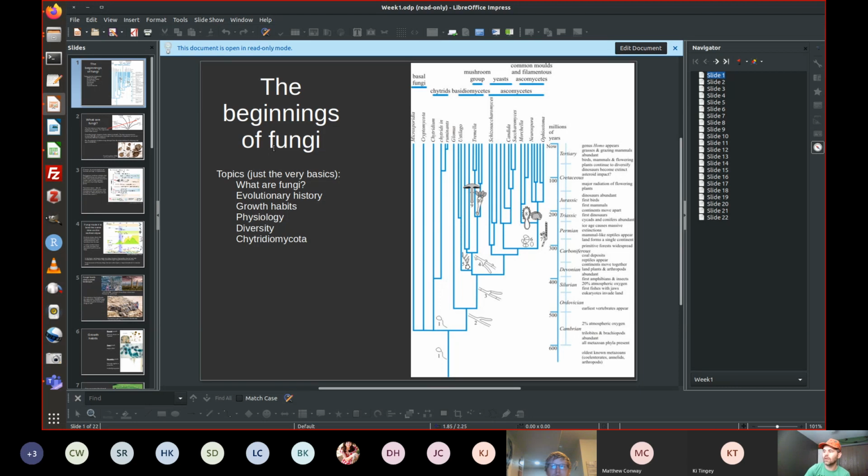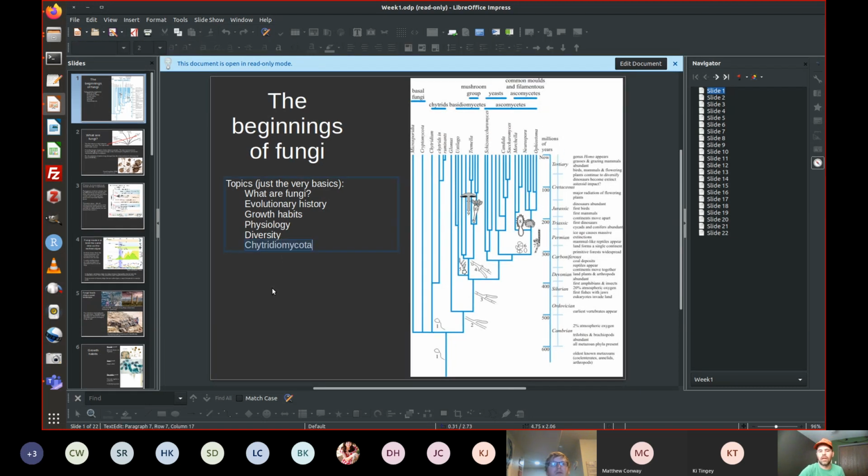So we're going to look at their evolutionary history, the types of growth habits that we find in the kingdom fungi, some physiology, a little bit about their diversity, and then really finish up with the chytrids. You may see these called Chytridiomycota or the Chytridiomycetes, or the slang for it is just chytrid. So be familiar with that. That's one of our main 5 groups of fungi that we're going to be covering here.